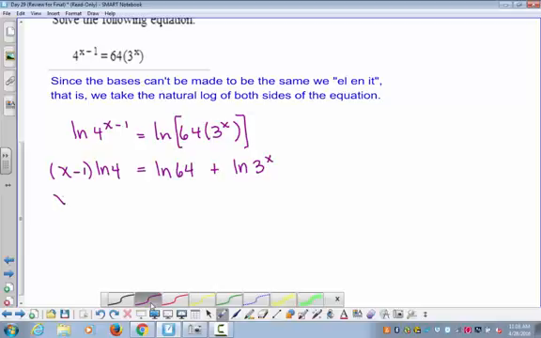On the left, let's distribute. Our end goal is to get all terms with an x to the left. And it looks like we have two terms with an x, two terms without an x.